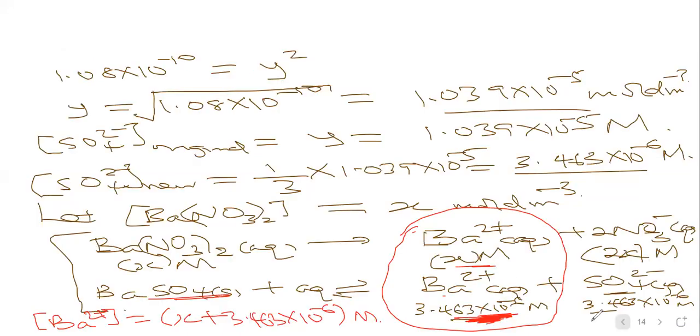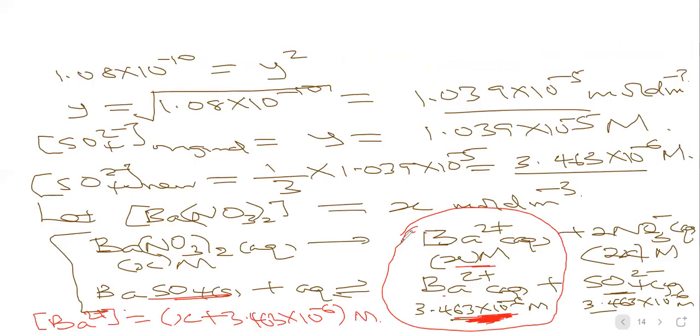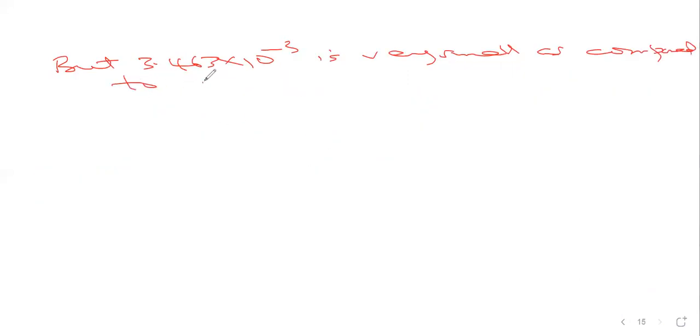So, 3.463 exponent negative 6 is very small as compared, you must take that assumption, as compared to X, which implies that the concentration of barium ions is approximately equal to X moles per liter.